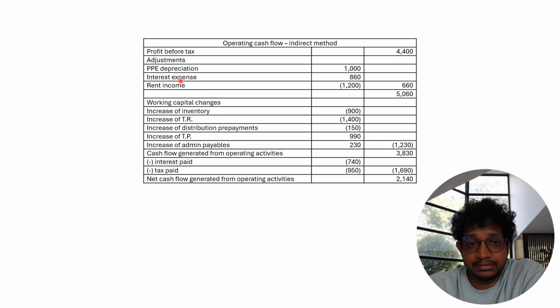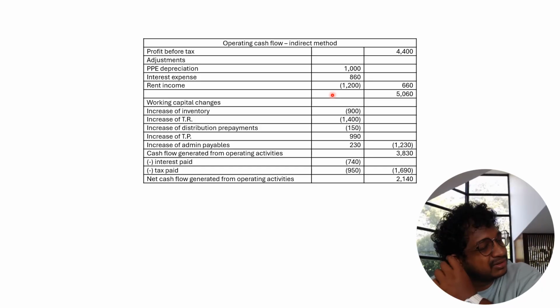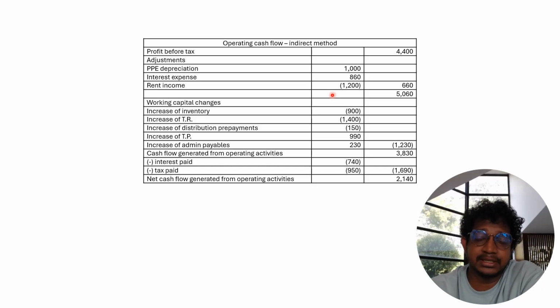Yes, and rent income is an investing activity, but it's already added when you're finding the profit before tax. So you have to subtract the total rent income from here, and then find out the rent income actually received in cash, and then record it in investing activities.